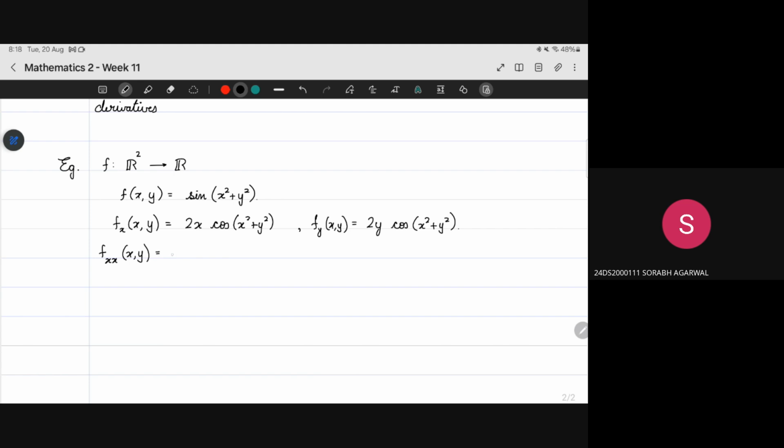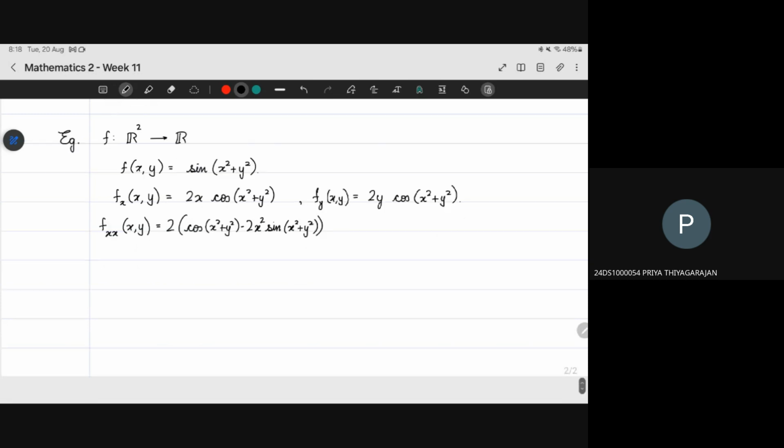This will be 2 times cos of x squared plus y squared minus... is this what it is? Is this correct? Yes. Okay.